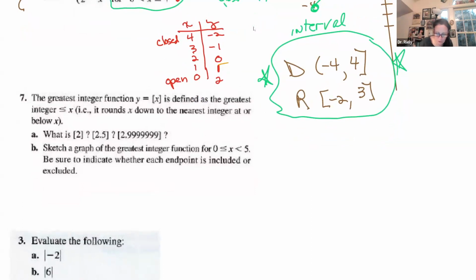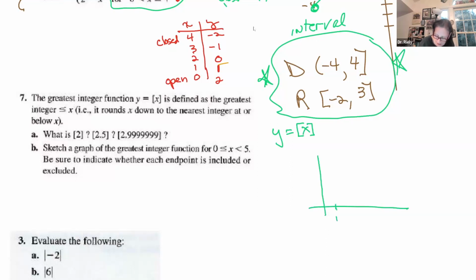Okay, the greatest integer function looks like this. It's just y equals, and it looks like this with the x in the middle. So what that means is, if you have a greatest integer function, it operates like this.